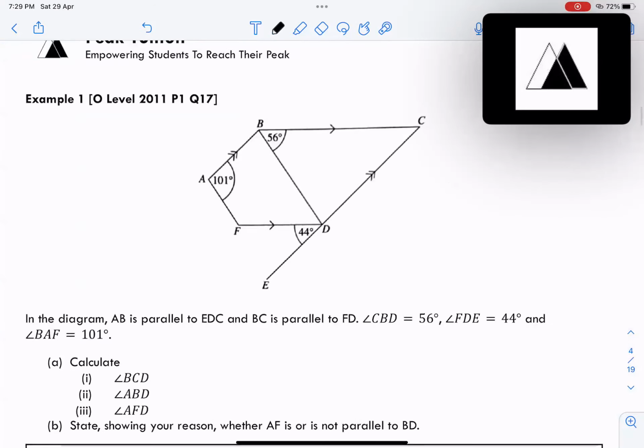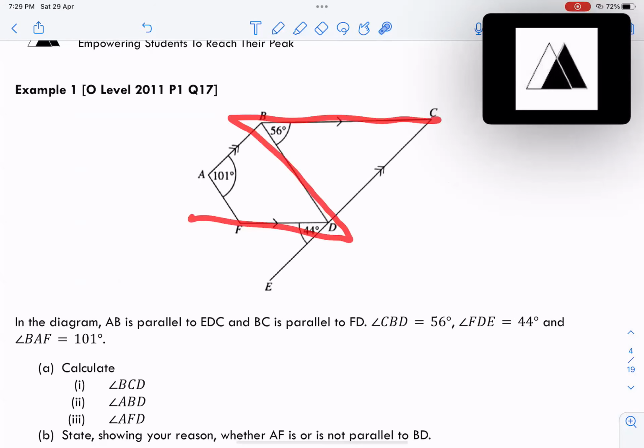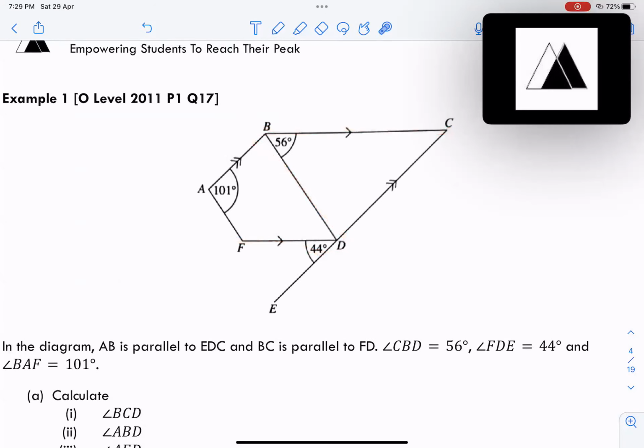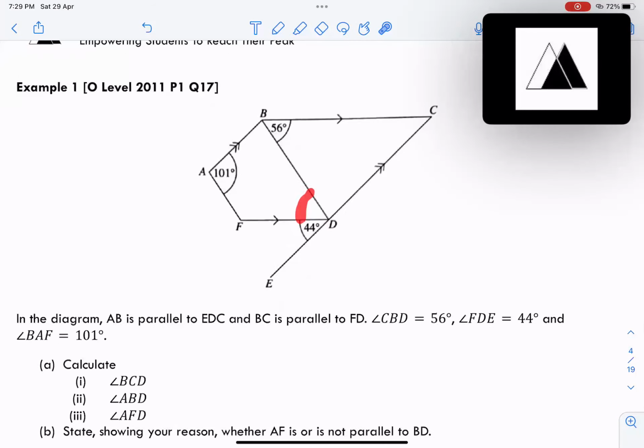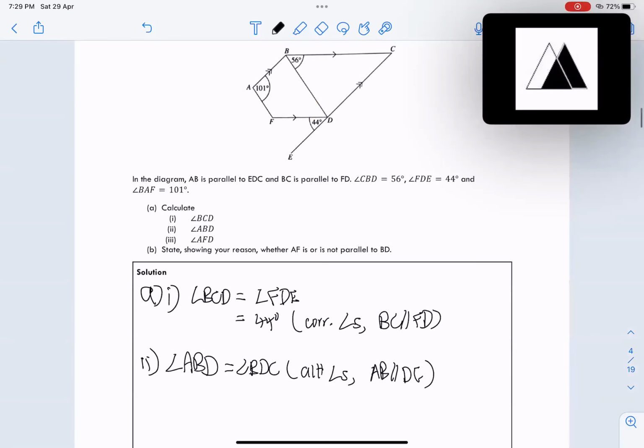So you use another pair of alternate angles. This one. So this one you got CBD already. So you know this is 26. Then you can use adjacent angles from a straight line. So you see, okay. Angle FDB equals angle DBC, 56 degrees, right? Alternate angles.